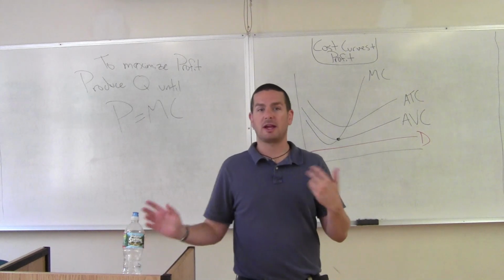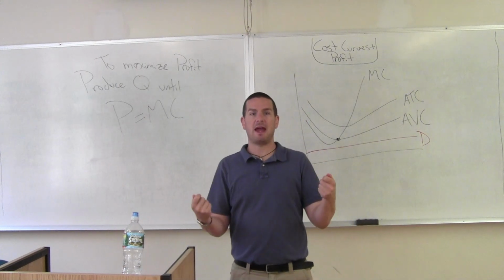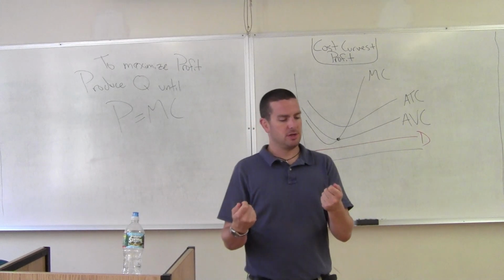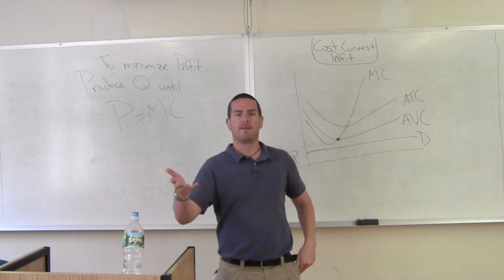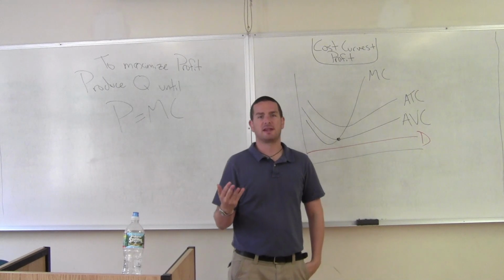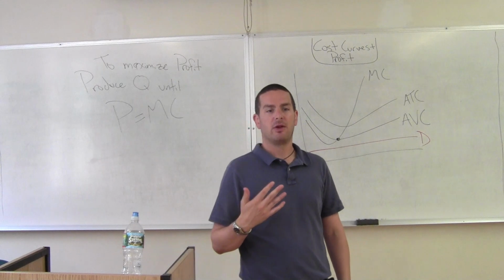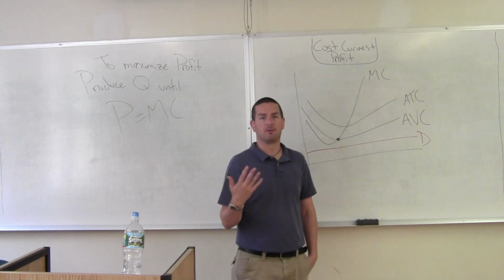Well, let's say that you wake up in the morning, you open up your paper, since you're a price taker, and you say, oh no, water bottles today are only going for 15 cents. Okay? Well, that would be a big problem, right?